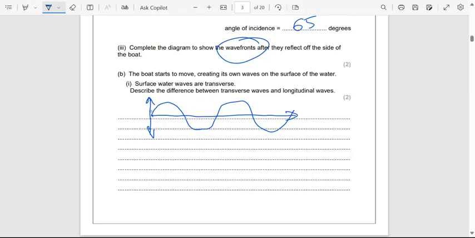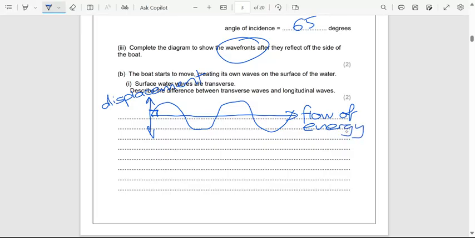Now, lots of people said perpendicular, but that's not enough, because we haven't said what is perpendicular to what. Okay, and it's important that we get this idea of displacement of the wave, right? So just by labeling up my diagram, I'm scoring this mark. Displacement of the wave, and then this is the flow of energy of the wave.